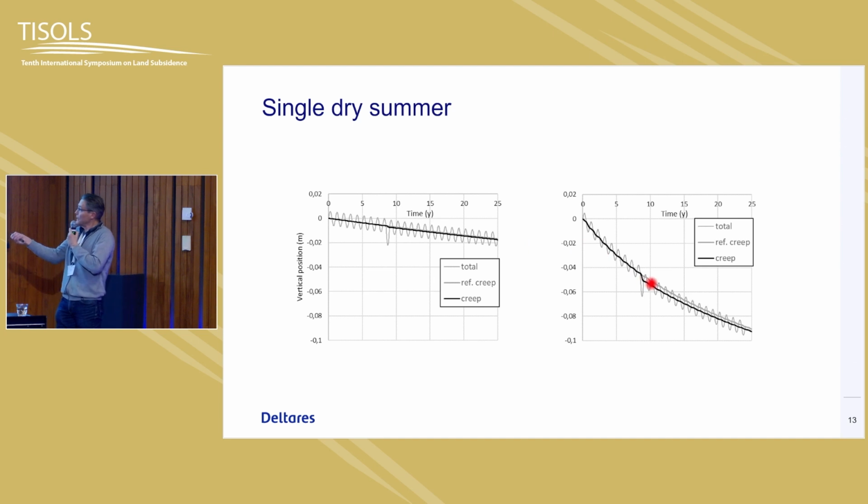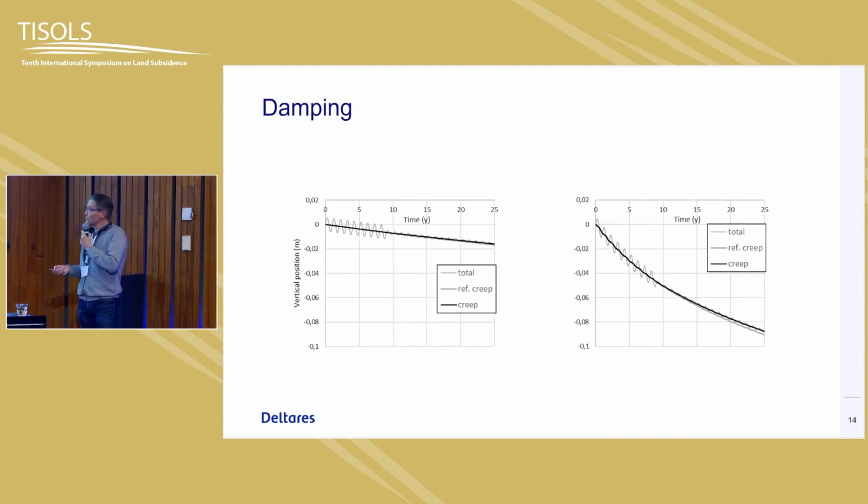The black line is dipping during the drought year below the reference one, that's the gray one here. So a couple of millimeters difference in this model for one dry year of irreversible compaction.